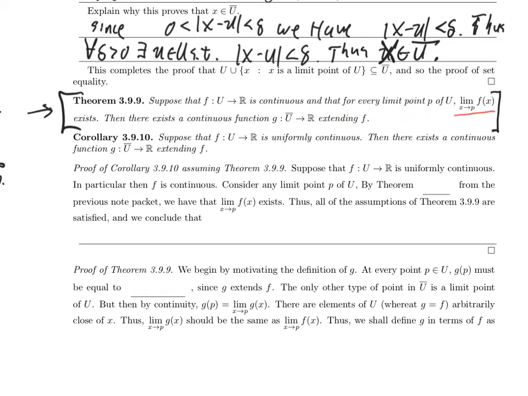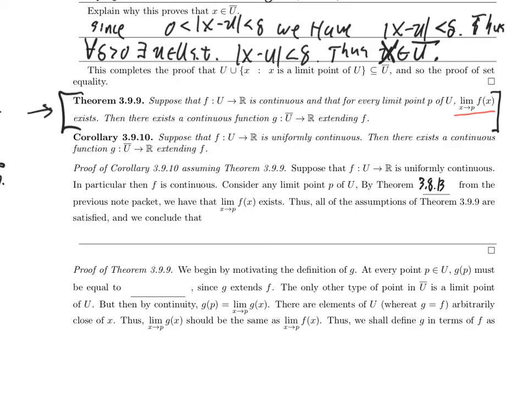Well, why is that true? Well, consider any limit point p of U. By theorem 3.8.13, as I just said, I have that the limit as x approaches p of f of x exists. Thus, all of the assumptions of theorem 3.9.9 are satisfied, and so we conclude that the conclusion of theorem 3.9.9 is satisfied.